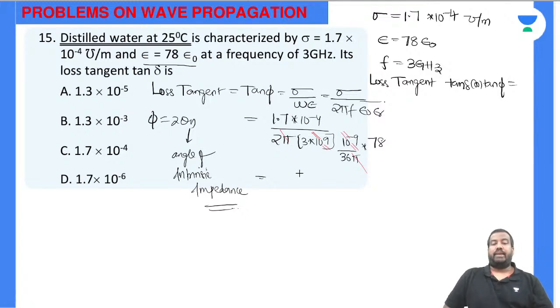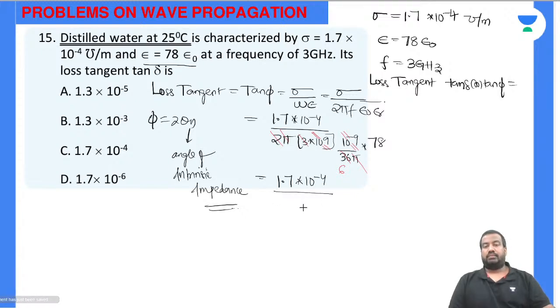Okay, now we'll verify. 2 into 3 is 6, 6 times 1.7 into 10 power minus 4 by 13.